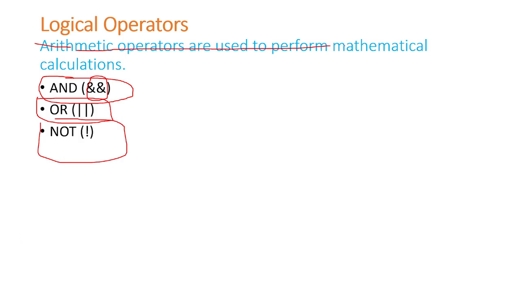This definition is for arithmetic operators. The definition for logical operators is to combine or invert Boolean expressions, resulting always in true or false.